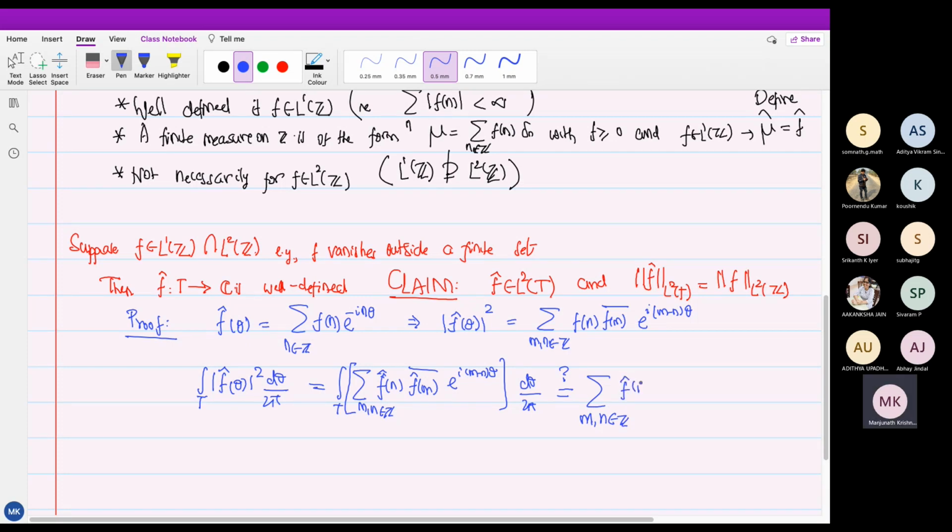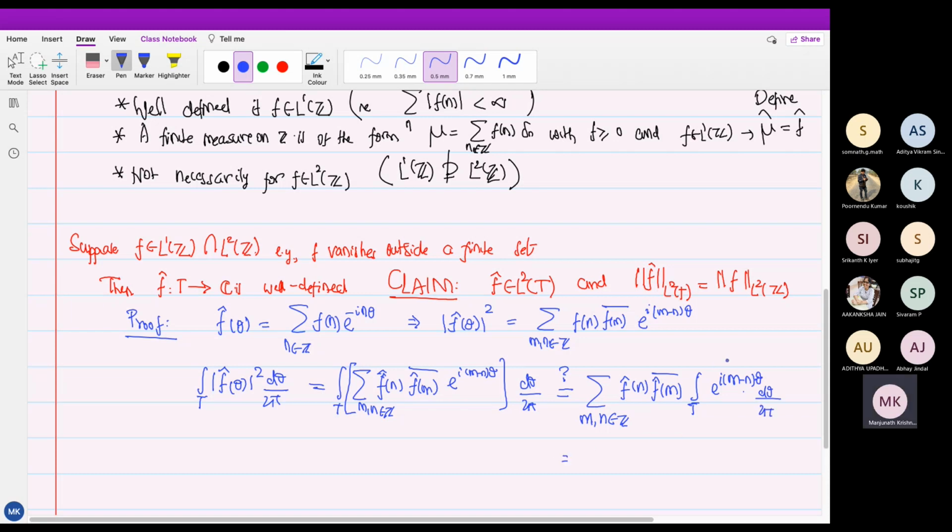Then f of n, f of m conjugate comes out, and you are left with the integral over the circle of e to the I into m minus n theta, d theta over 2 pi.